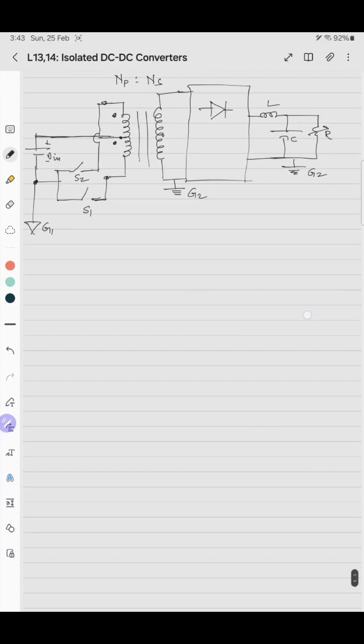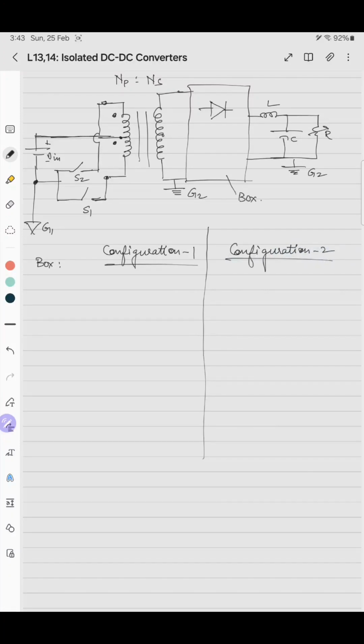So the secondary is a box. So the box can have two configurations. Configuration 1 and configuration 2, because it is buck derived.